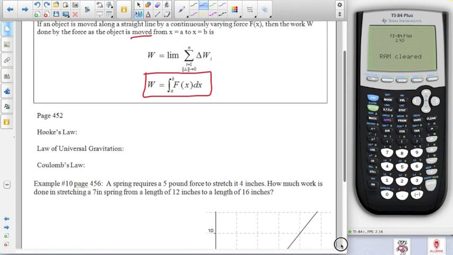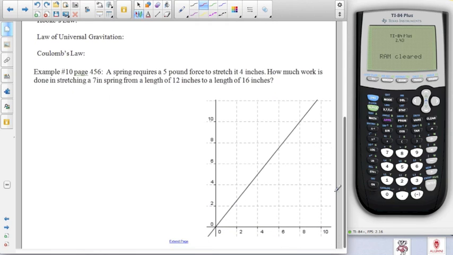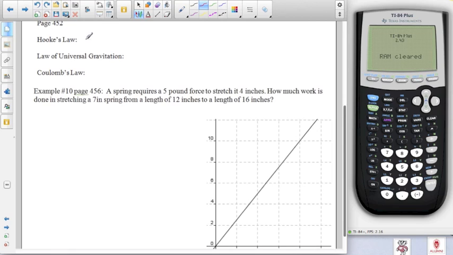If we look at the example down here, dealing with a spring, we're going to look at that in a second. We will look at some other examples dealing with these functions as well. Hooke's law is what we're going to deal with for springs. Hooke's law basically says the force is proportionate to the amount of stretch that we have.